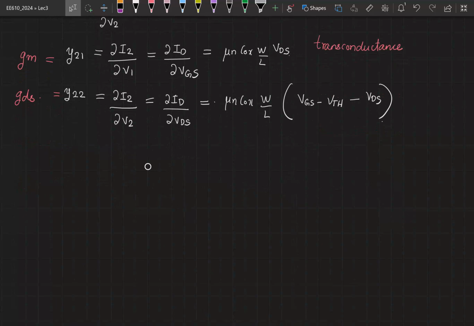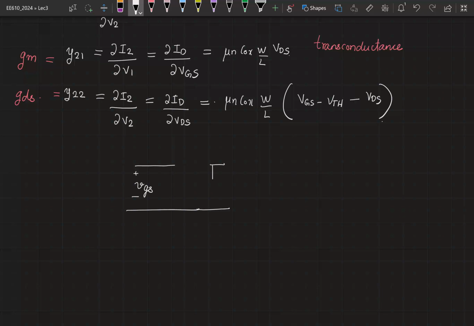So now the incremental network looks like this. Y11 is 0, Y12 is 0, therefore nothing is sketched at the first port. In the second port, you have a GM VGS and another GDS.